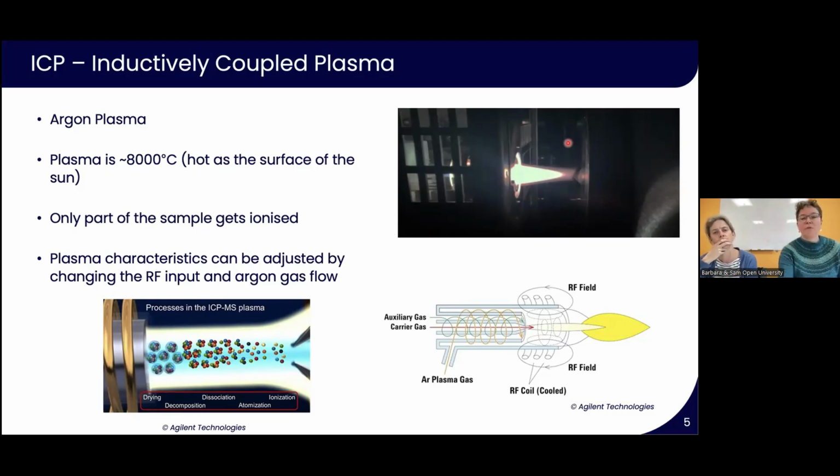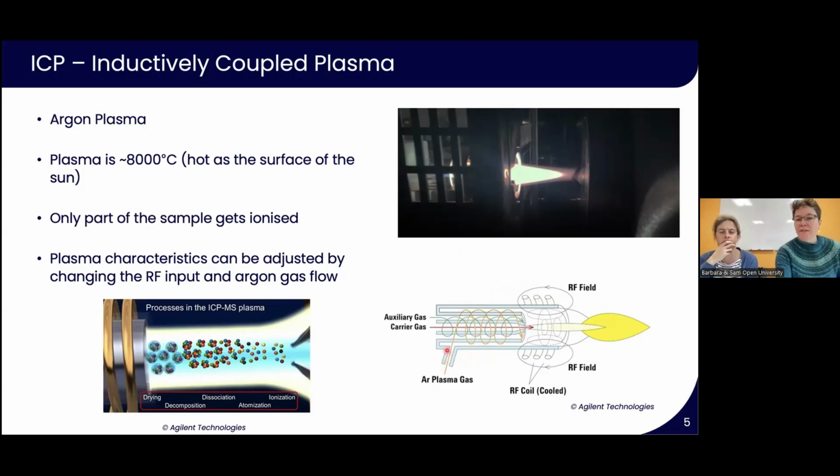On top here, you can see an image of the plasma in our instrument, and it comes out of the torch onto the cones that then go into the instrument part here. Down here, because you can't see much on the top image as it sits behind the cage to shield it, is a schematic image of the torch, which is basically several concentric glass tubes, although it is quartz rather than glass.